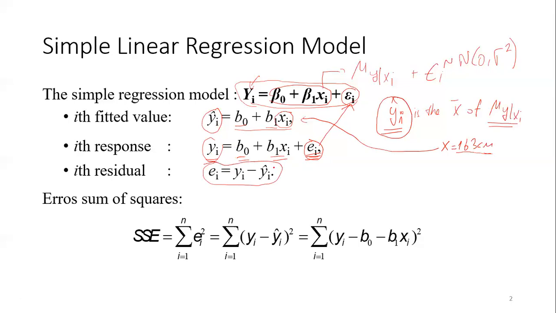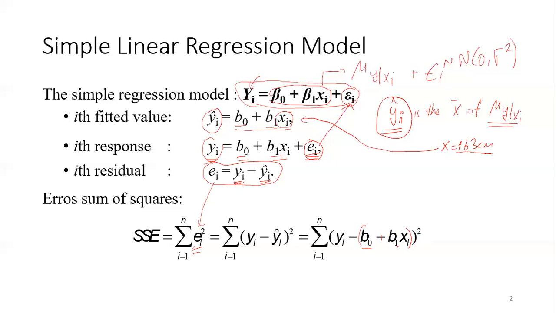So this is my error term. The error term is the difference between the observed value and the predicted value. And remember, we just sum the error squares, yi minus yi hat, or yi minus b0 minus b1 xi, squared, and we just minimize this.